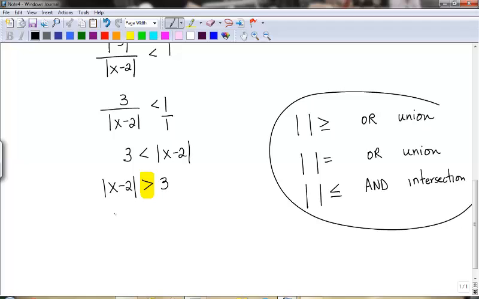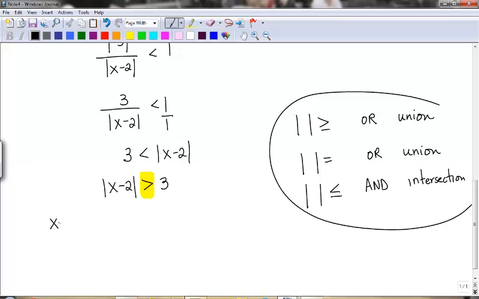Authors do this different ways. Some authors keep what's inside the absolute value the same and reverse the sign on the 3. Some authors consider both cases, the positive or negative of what's inside the absolute value. I think your author keeps it the same and changes the sign of the 3. So we would have two cases.